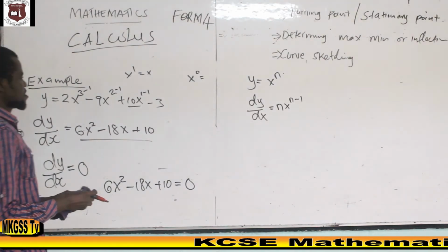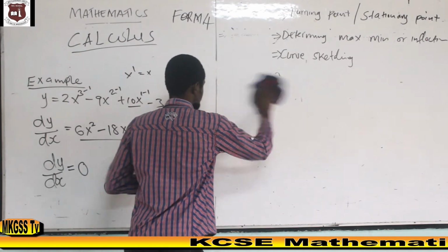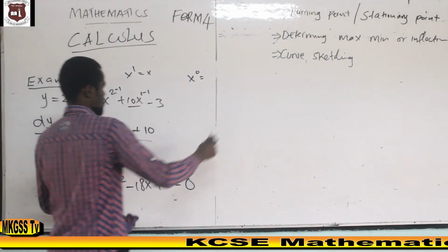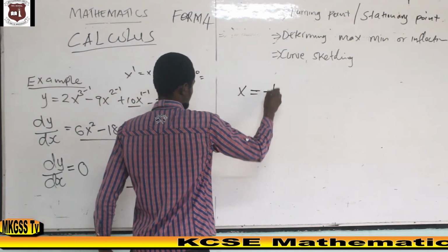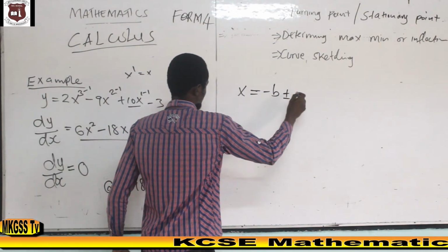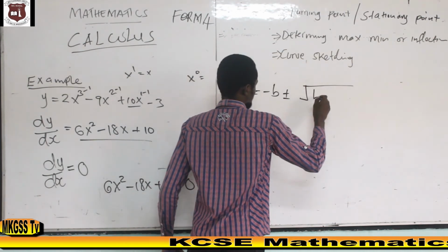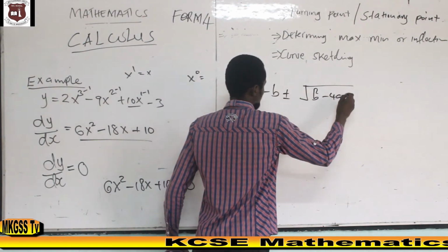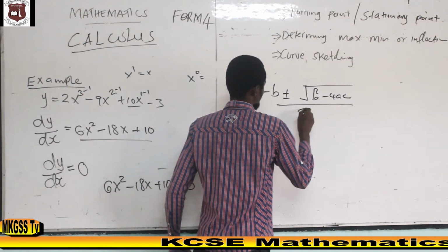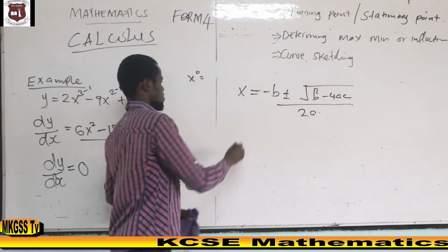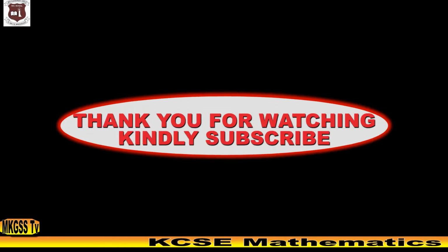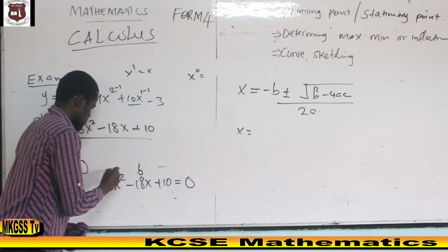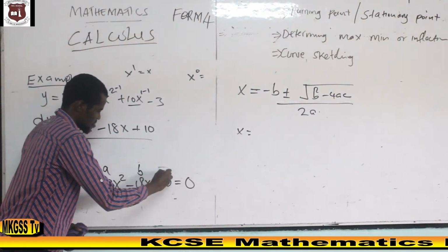I'm finding x, that is minus b plus or minus the square root of b squared minus 4ac, everything all over 2a. This is b, this is a, then that is c.